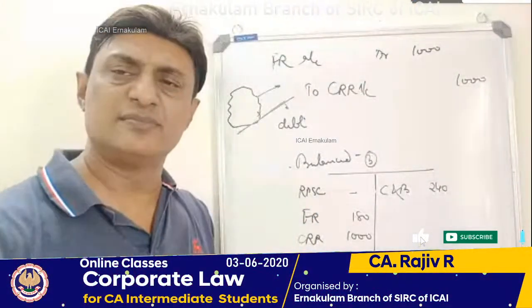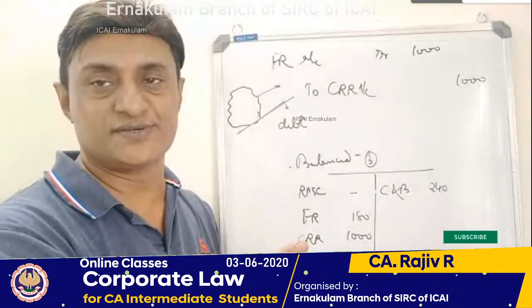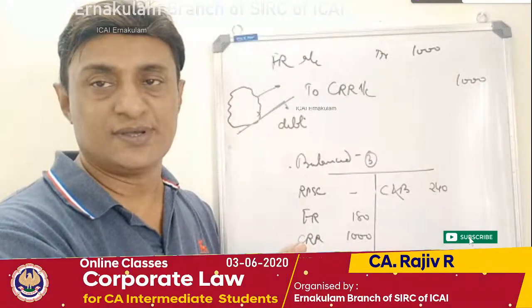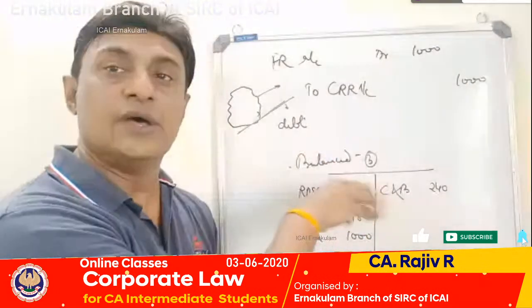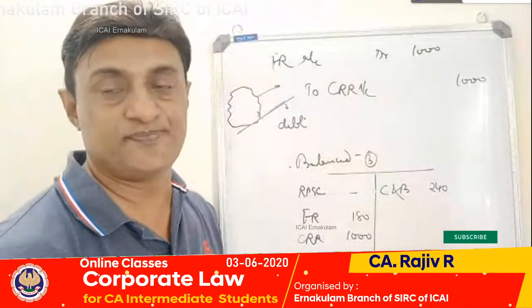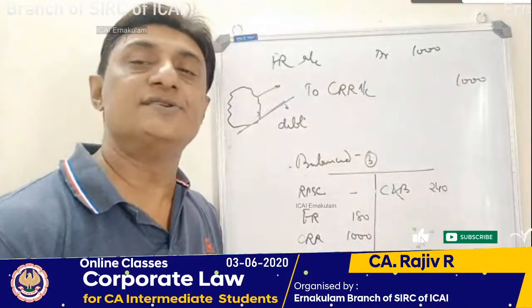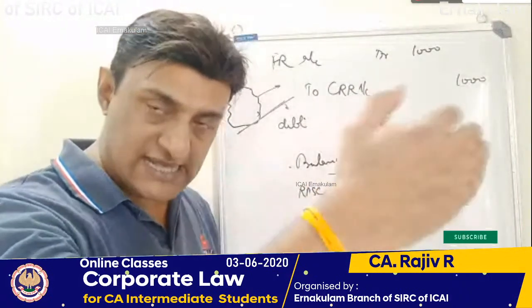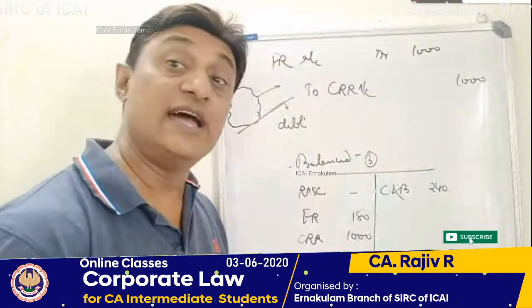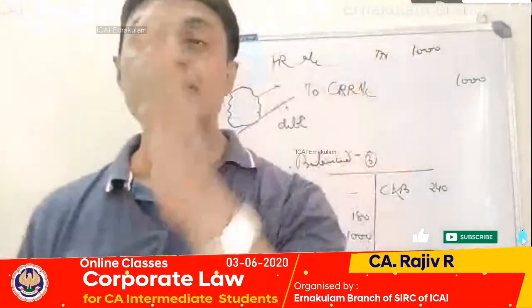Same thing here. I'm solidifying liquid reserves. I'm taking a bottle of water from free reserves and putting it into the capital redemption reserve, only to keep my creditors happy. Otherwise, tomorrow the creditors will queue up and start asking for their funds. That is a way. So now, after you've written that condition, mention it in brackets at the end.